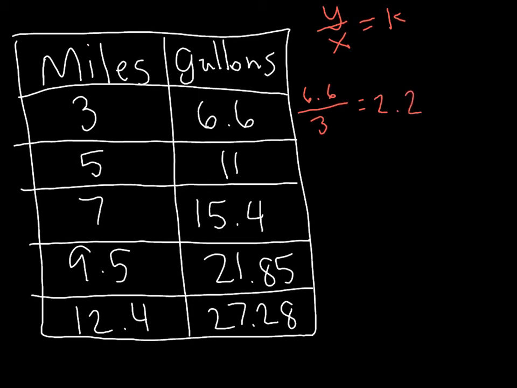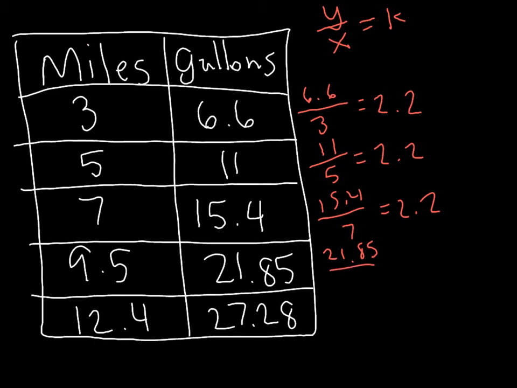All right, 11 over 5, 2.2. 15.4 over 7, 2.2. 21.85 over 9.5, 2.3.